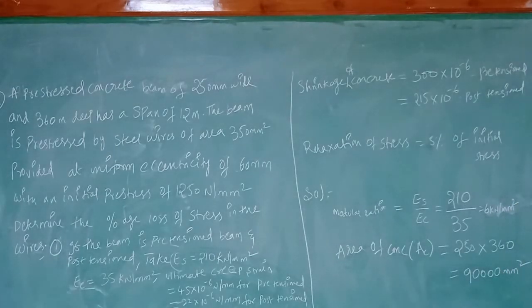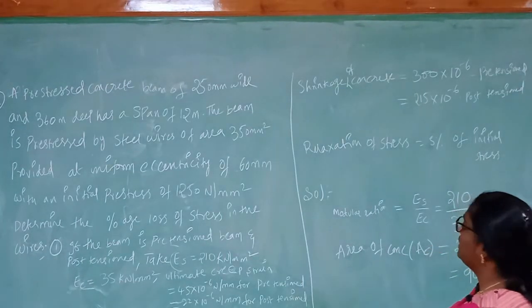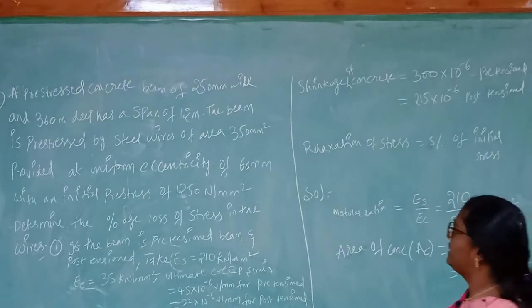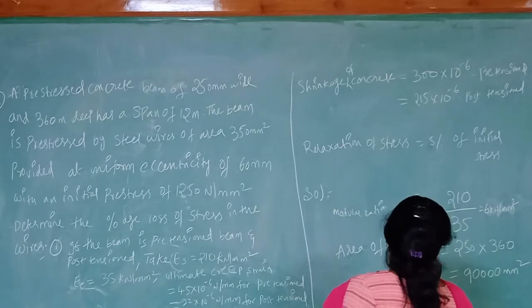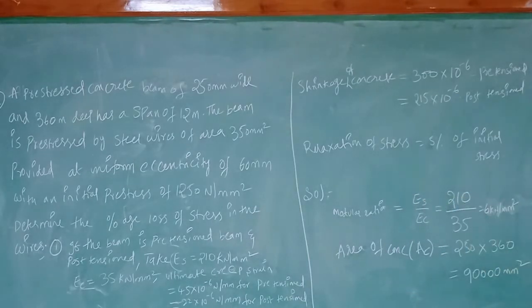Next, what we need to find out here? We have got the modular ratio and we have got the area of the concrete. Here they have given the eccentricity. For finding this, we need to calculate the moment of inertia.